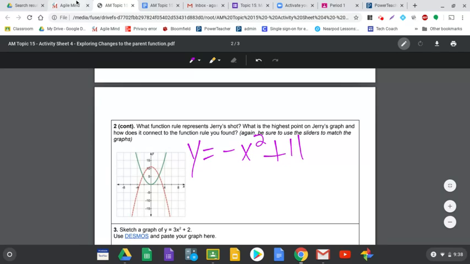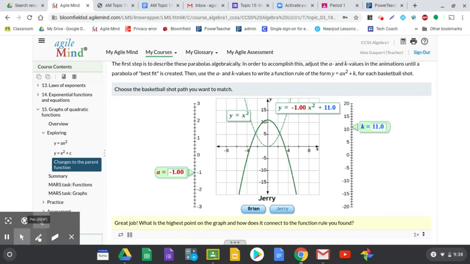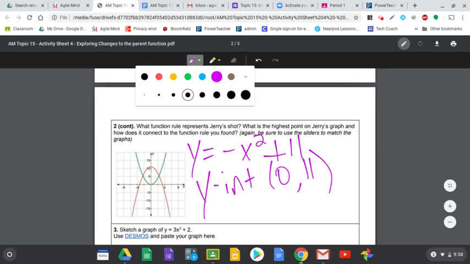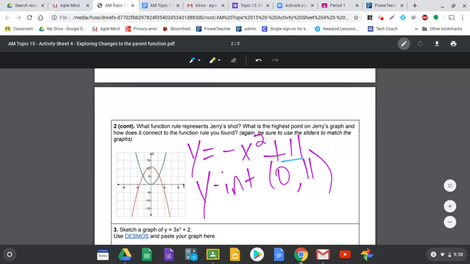Same idea here. The highest point on Jerry's graph is the vertex right here. That's our maximum, which is at 11. So our y-intercept is 0, 11, and that's the value of our vertex because it got shifted up 11 units from 0, 0.